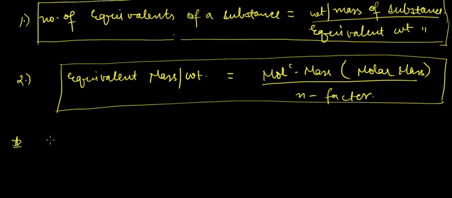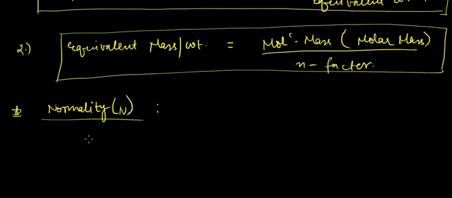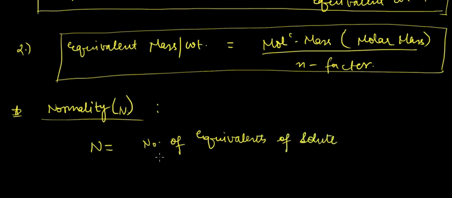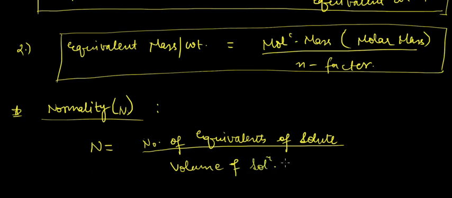Next let us define what is normality. Normality is denoted by N. So N is nothing but the number of equivalents of solute divided by the volume of solution in liters.